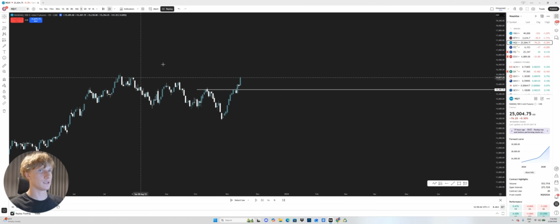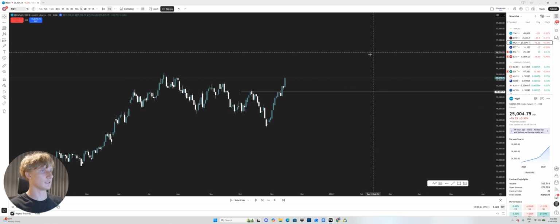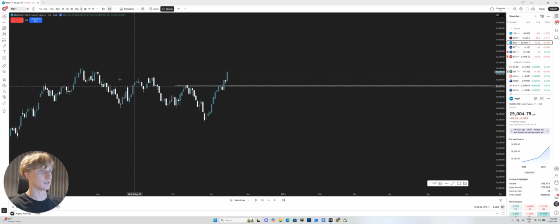Let's say you're trading, you're looking at the trend, and then suddenly, in this case, it was a bearish market structure, but now price has closed above this previous high. That means that the bearish market structure has been broken. Why? Because now we have closed above this high, so it is impossible for us to have a lower high. And if we don't have a lower high, that is no longer bearish market structure.